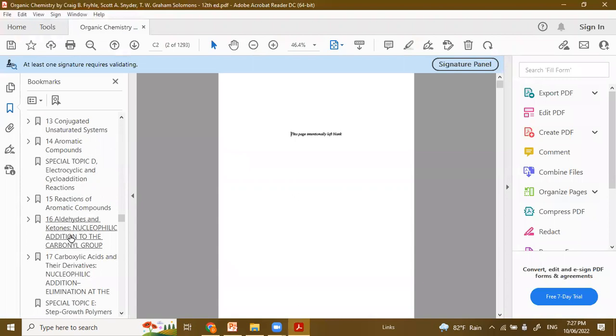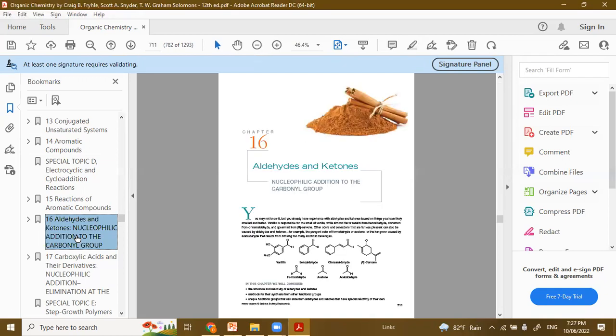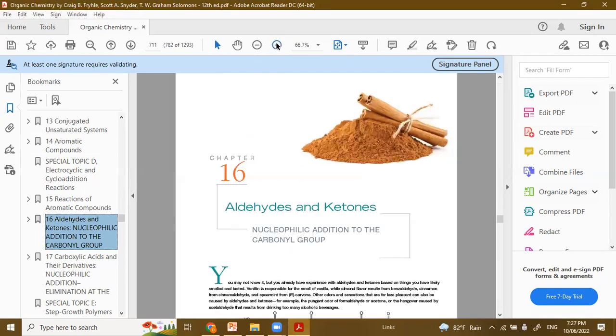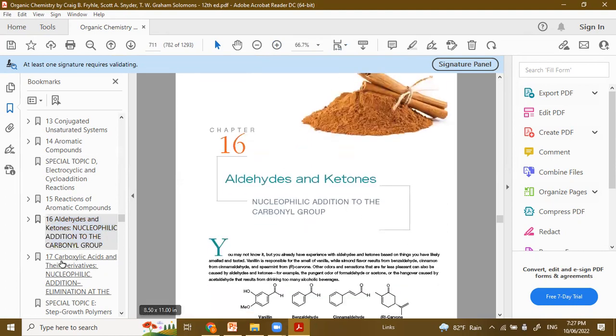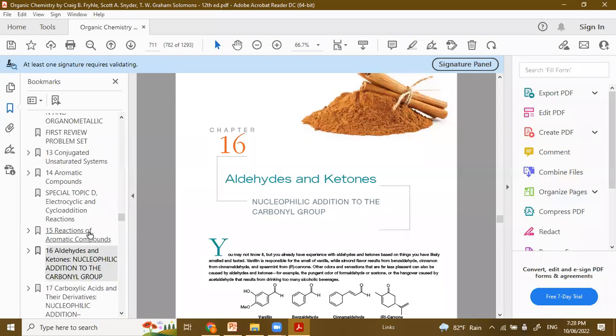It is on aldehydes and ketones, so nucleophilic addition to the carbonyl compounds, chapter 16 of the Solomons. So we will be skipping aromatic compounds, and I will proceed with aldehydes and ketones instead.